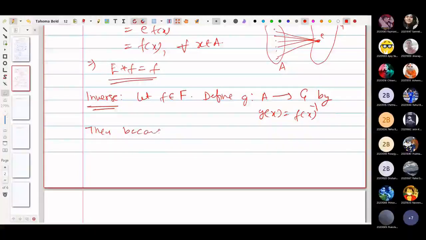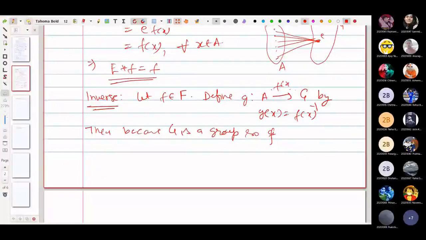Because G is a group, f of x is a member of capital G and its inverse will exist. So f inverse will also belong to capital F.